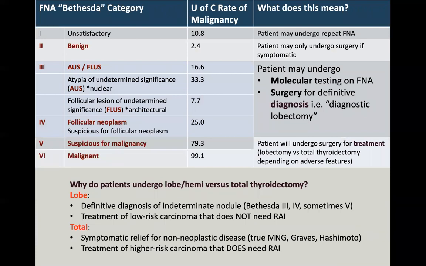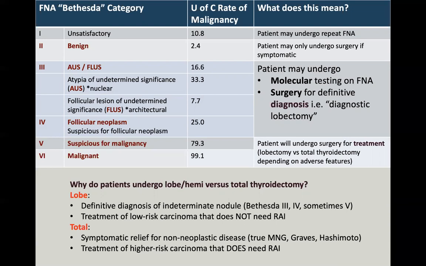When do patients undergo a lobe or a hemi versus a total? I've listed it at the bottom here. A lobe is probably when there is an indeterminate nodule and definitive histologic diagnosis is required, or a diagnosis of malignancy, but that malignancy is so small, so low risk that the patient does not need radioactive iodine therapy.